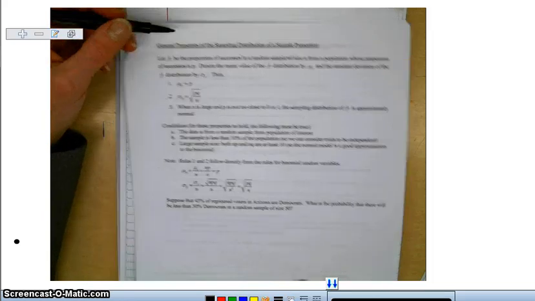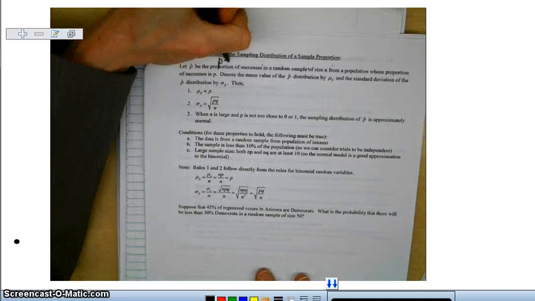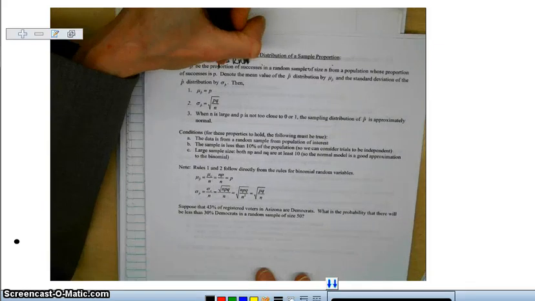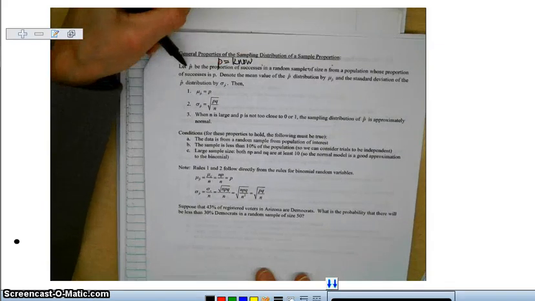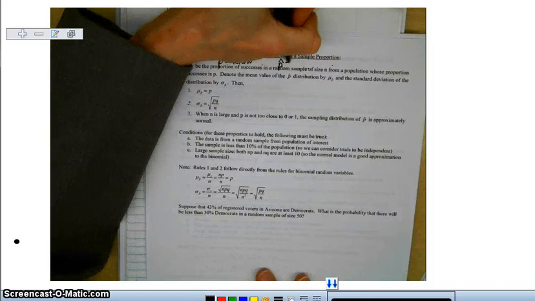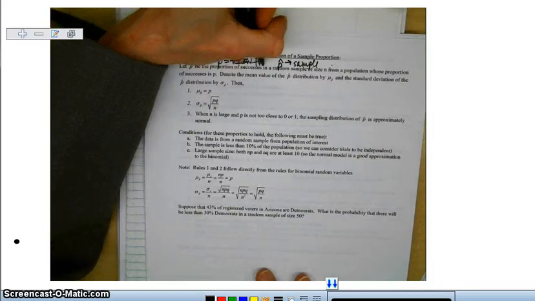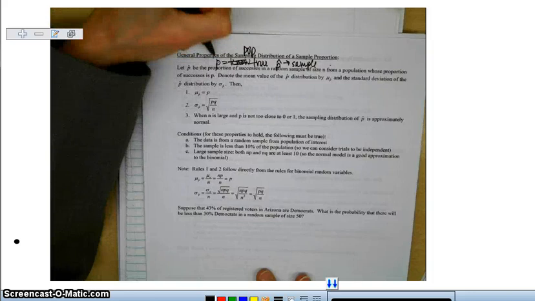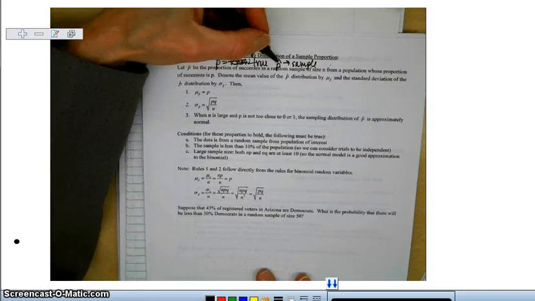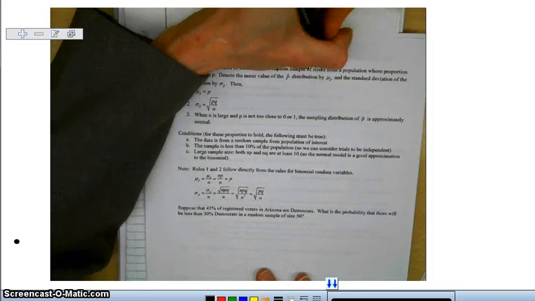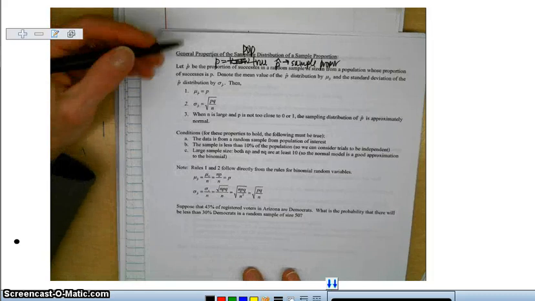A lot of times we'll know p. This is the true population value, p, and p hat is the sample proportion. You've got to get that straight in your head.